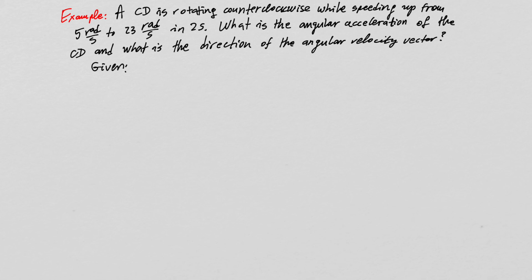We know the initial and final angular velocities. So omega initial is 5 radians per second and omega final is 23 radians per second. The time of rotation for which this change happened, t, is equal to 2 seconds. We are looking for the angular acceleration and also the direction of the angular velocity vector.